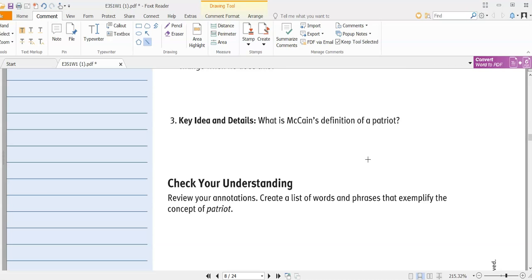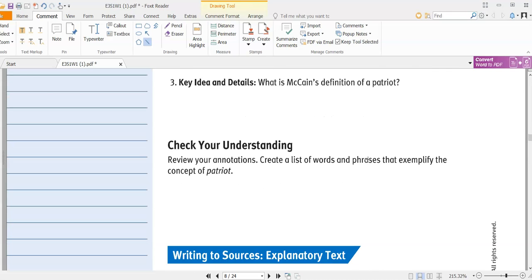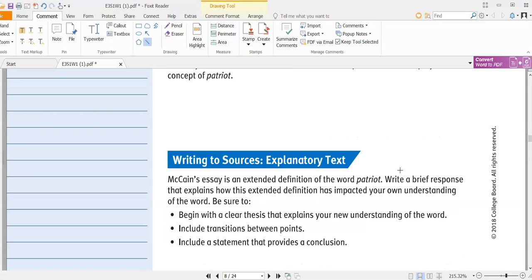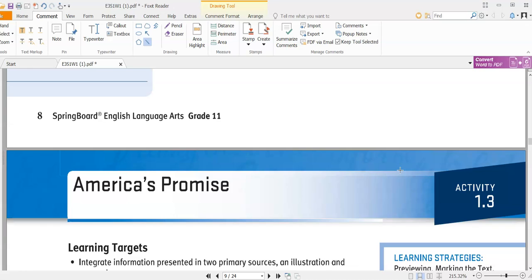So you're also going to use details from the text in order to create a definition of patriotism or a patriot that McCain would likely agree with based on what you read. So checking your understanding says create a list of words and phrases that exemplify the concept of patriot. So you might want to go back to the reading and just pinpoint words or phrases that stand out to you as being exemplary of a patriot.